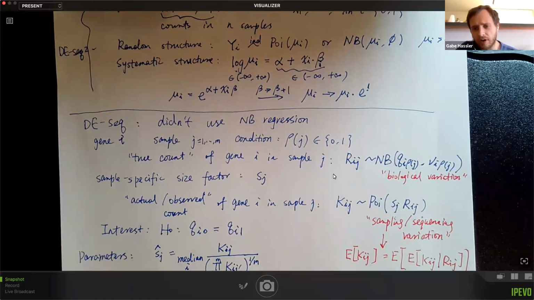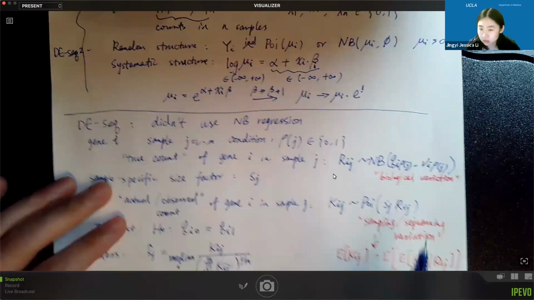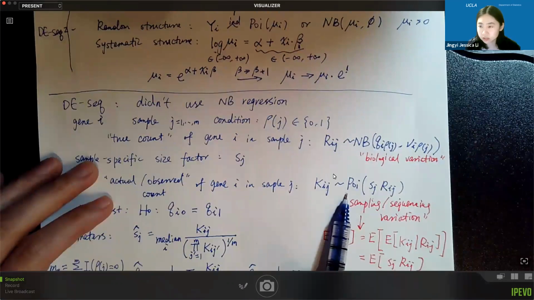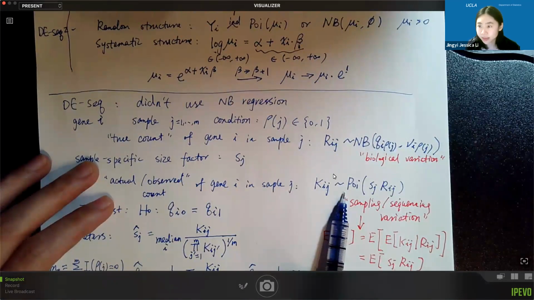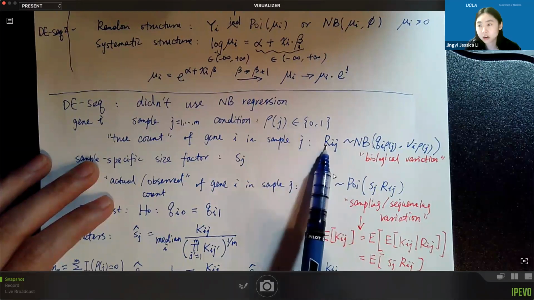So in a hierarchical model like this, where you don't actually see the Rij, how would you ever verify that Poisson is an appropriate distribution conditioned on Rij? That's a very good point. So I would say for the Poisson step, you can verify it using spiking data. So in spiking data, in a biological sample, you insert RNA molecules with a known concentration, and that can be considered as Rij.